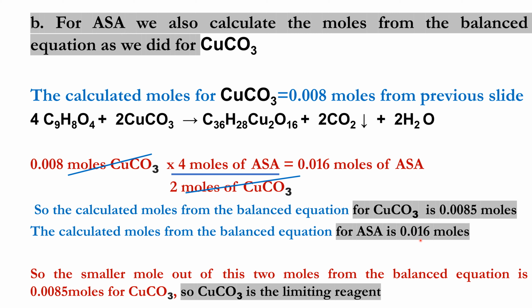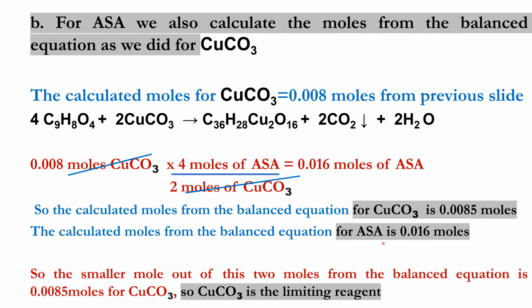So what it means then is that copper 2 carbonate is the limiting reagent because its mole is smaller than the moles for acetyl salicylic acid. So this is how to determine the limiting reagent.